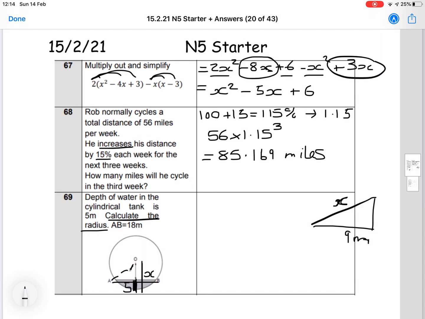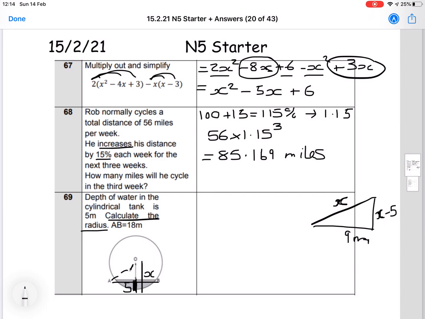So this side that's left, this vertical side, we could write that as X minus 5. The whole radius I'm going to call X. The little part, the shaded part at the bottom, the depth of that is 5. So the bit that's just left above the water up to the centre would be X minus 5.